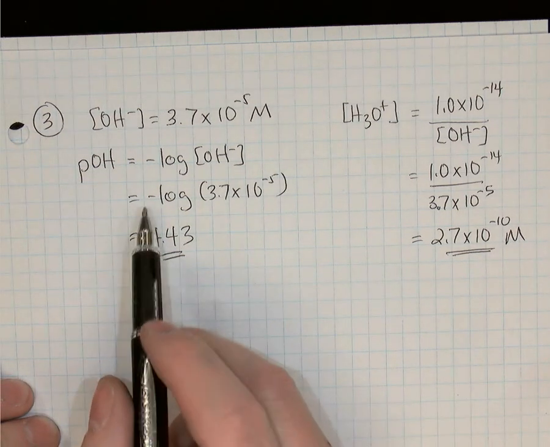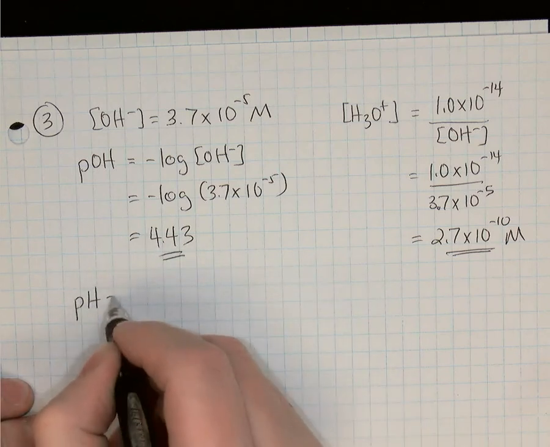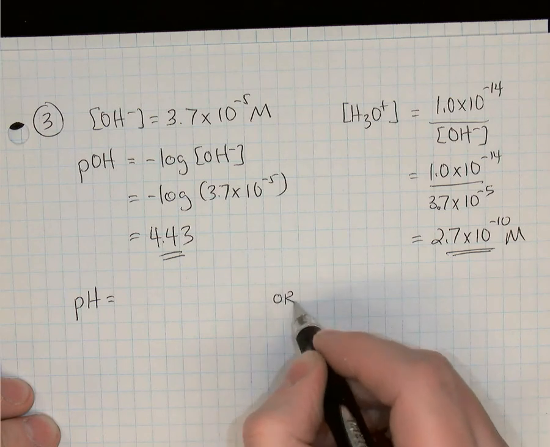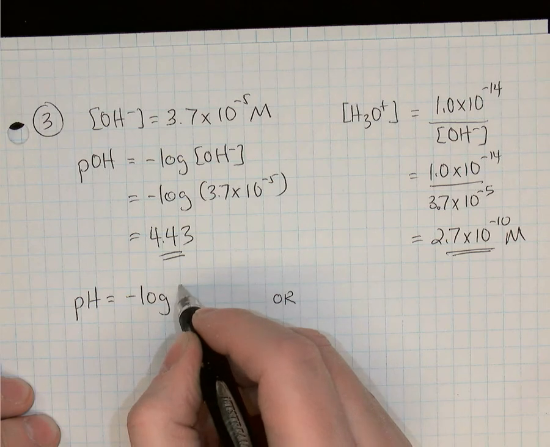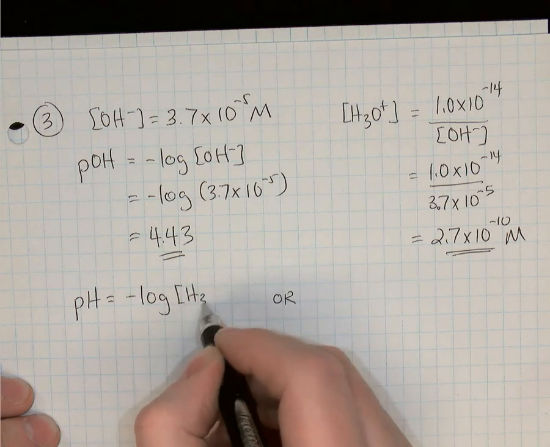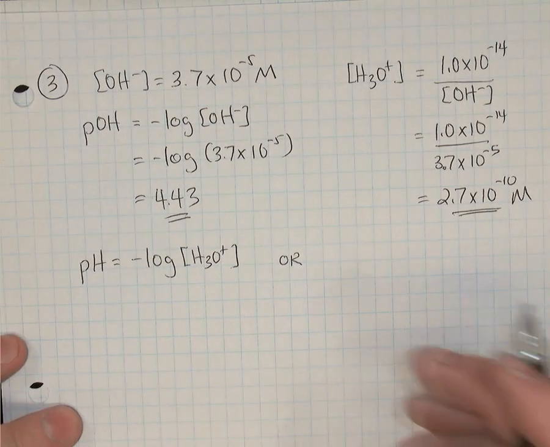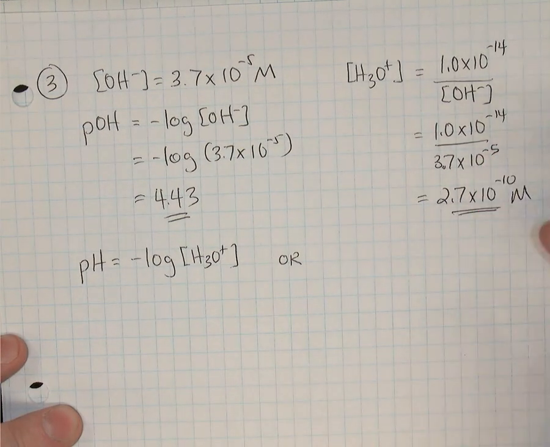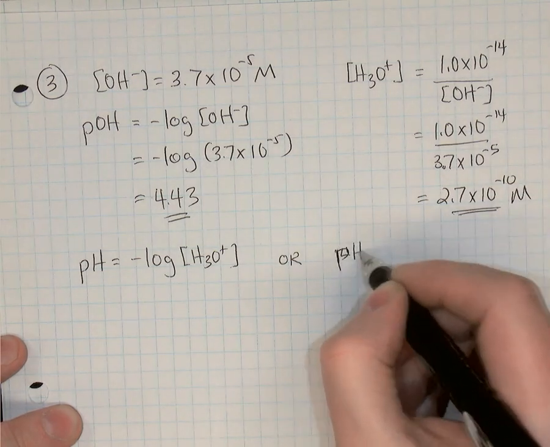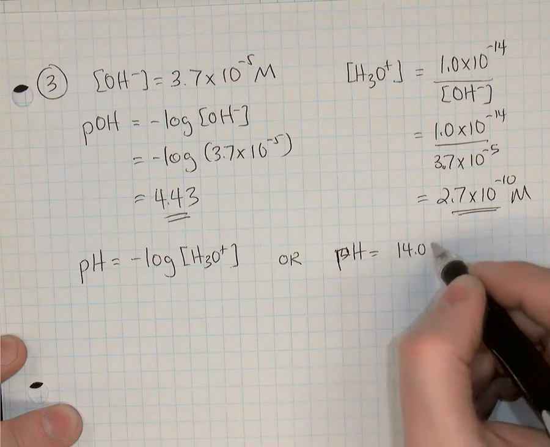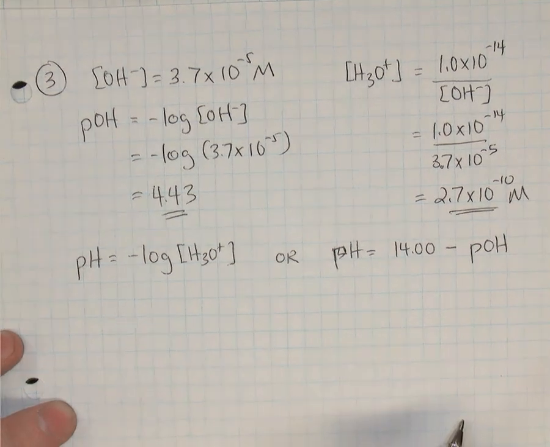Now that I know the pOH, the last thing I needed was the pH. And again, we have two different ways of finding this. We could take the pH definition, the negative log of the hydronium concentration, or we could use the fact that when you add pH and pOH, you have to get 14. So the pH will equal 14.00, take away the pOH value that we've already found.